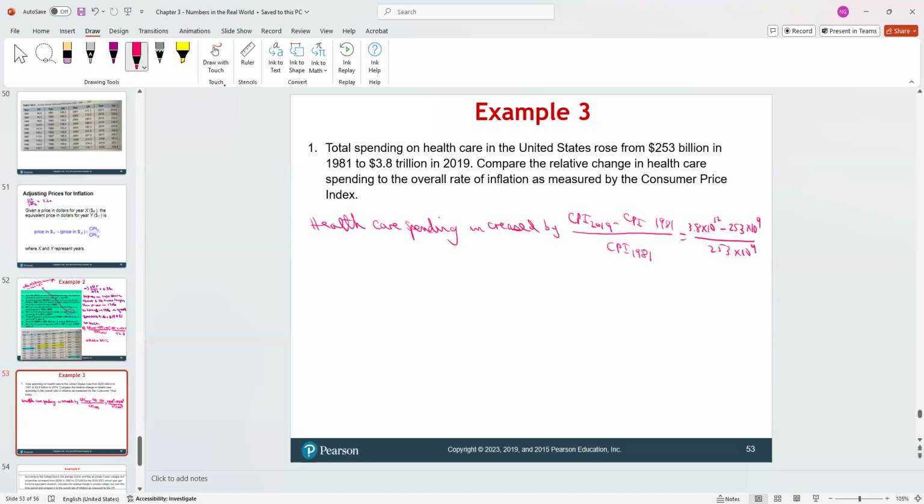If for some reason you forget how to do those, I strongly advise you to go back and practice some computation. After you do all these computations, you can use a scientific calculator. You're going to find 14. Then remember, it's relative change.